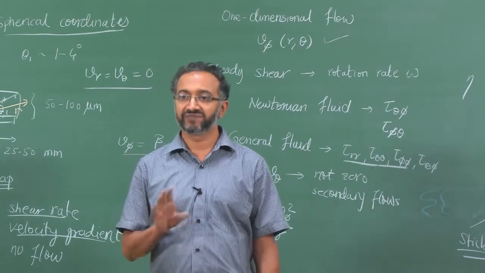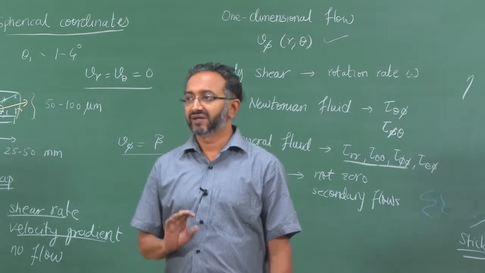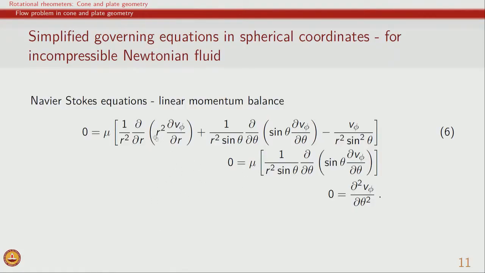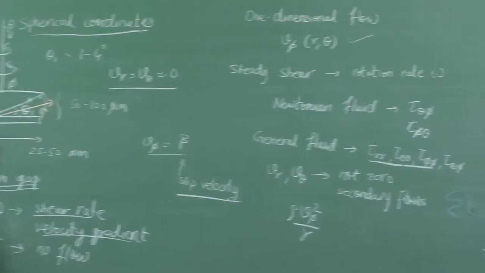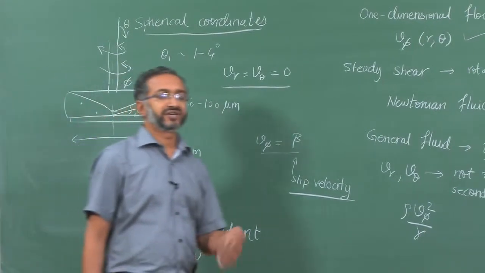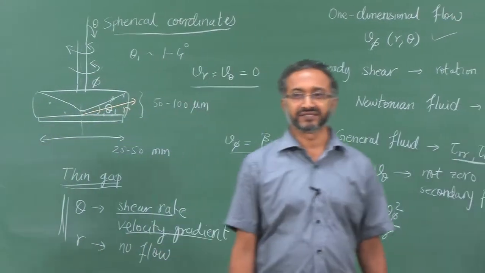So, we are only left with phi, and if we look at the phi component of motion, we can assume that the variation in r is much less compared to the variation in theta, and that is what we have said here when we say that the main shear rate will be in the theta direction. That is again possible to show by doing an order of magnitude analysis.